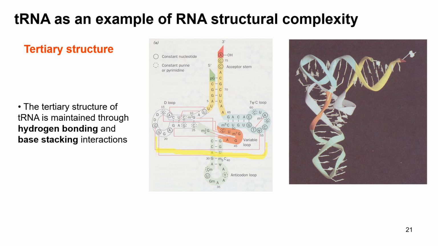So we can see that the acceptor arm to be linked to the amino acid is here, and the C loop in blue folds around to interact with the D loop in white. So the tertiary structure of RNA is similar to proteins, but there is a particular overall 3D shape that is quite stable.